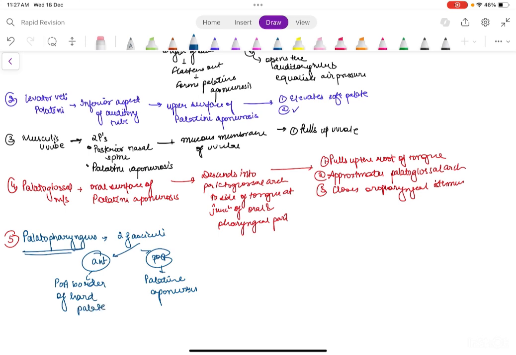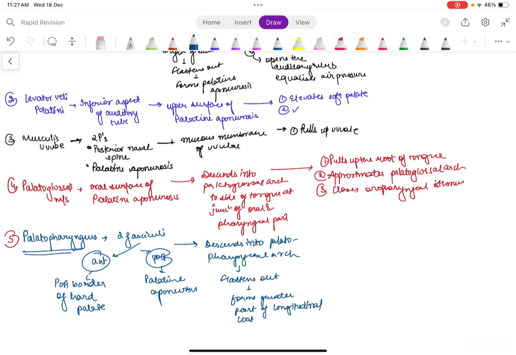All right, now similarly, it descends into the palatopharyngeal arch. Then it flattens out and forms the greater part of the longitudinal coat of the pharynx. Insertion is into the wall of the pharynx.